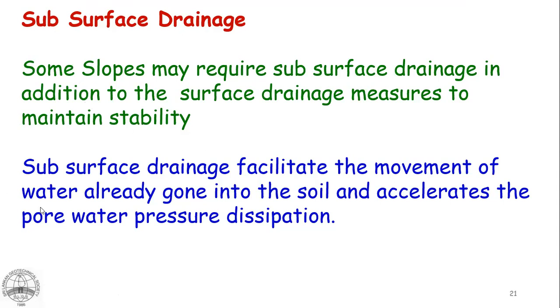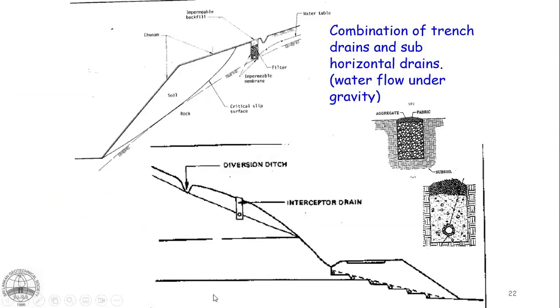So subsurface drainage facilitates the movement of water that has already gone into the soil and accelerates the pore pressure dissipation. We can use the subsurface drainage to lower the groundwater table. So these are different measures, a combination of surface and subsurface drainage.